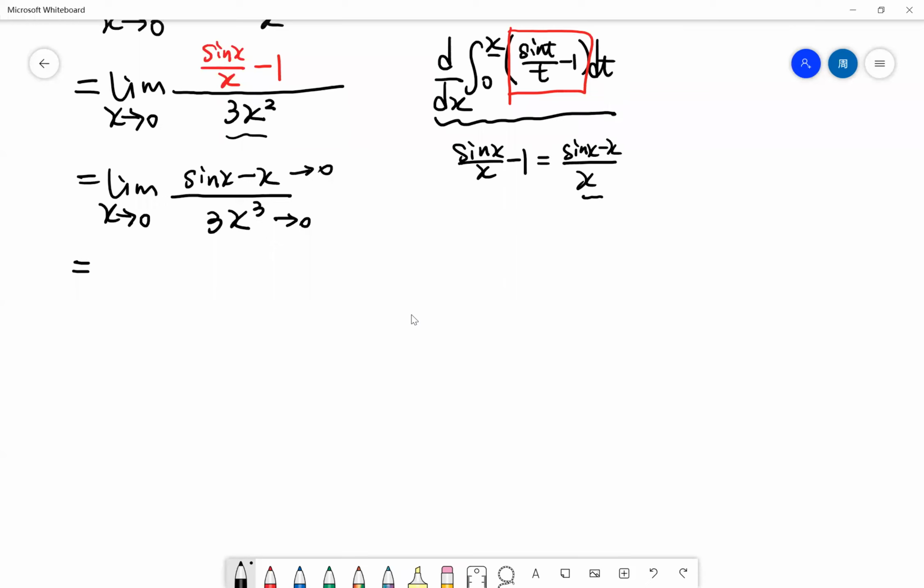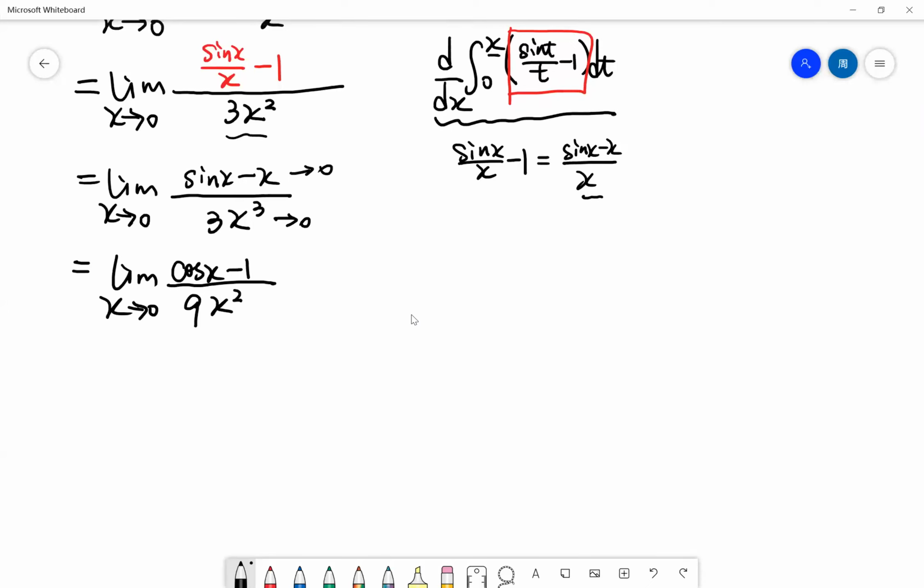So it is still a 0 by 0 type. So we can use L'Hopital's rule again here. So that equals, as x approaches 0, first, sine x minus x prime means cosine x minus 1, right? And then 3x power 3 prime means 9x power 2, right?